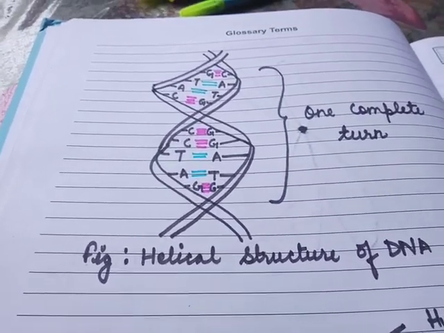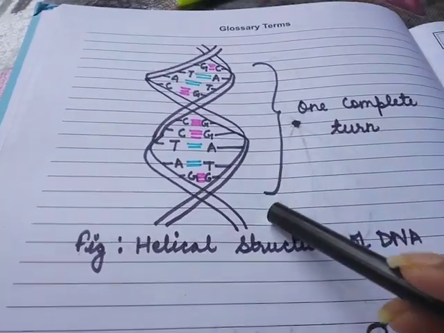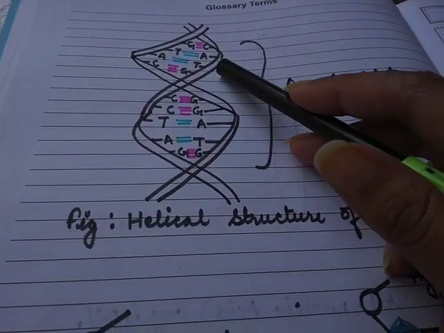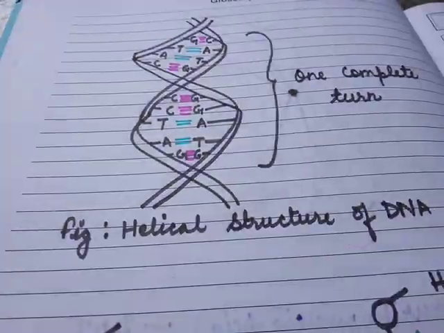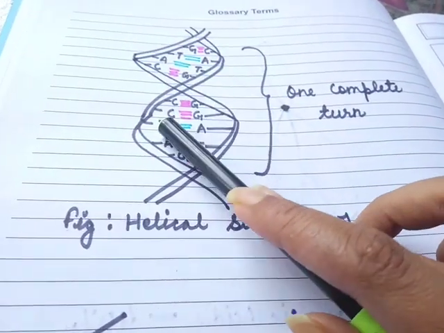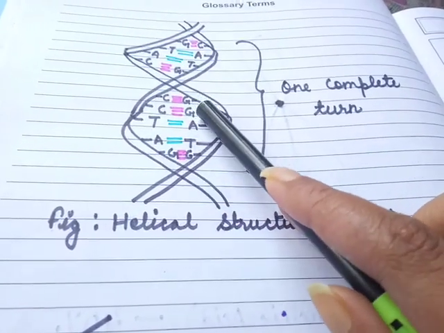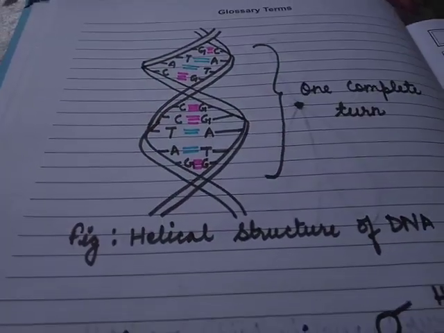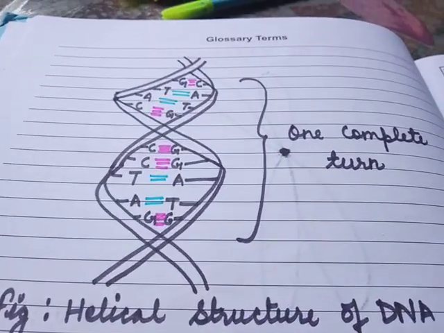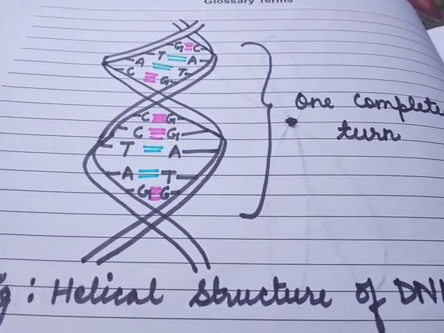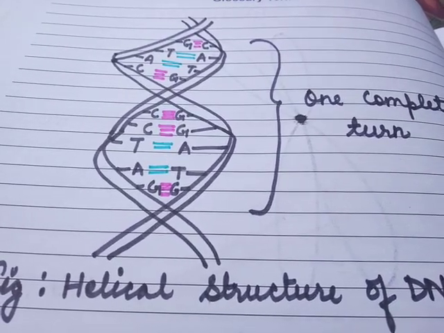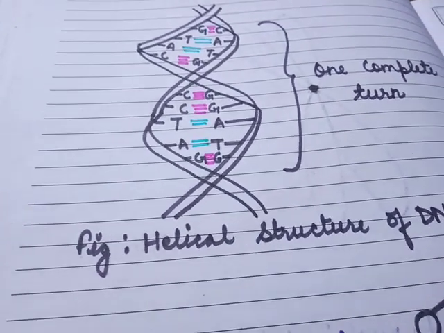And you can see in between them I have marked with different sketch colors, and also I have written there C, G, T, A. This forms a ladder-like structure.